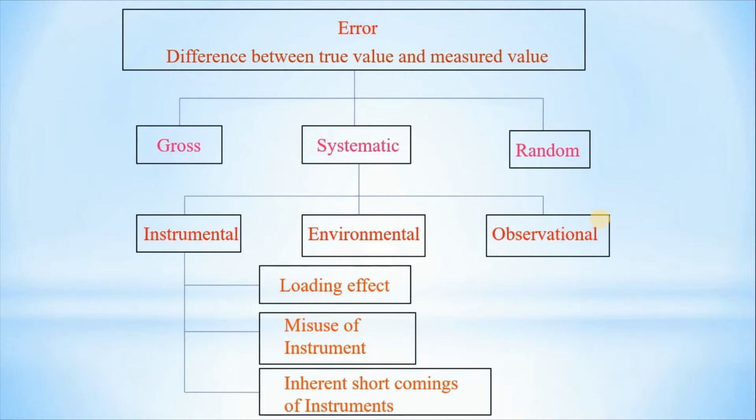So in a broad way, errors are classified into three types: gross, systematic and random. Systematic error is again classified into three types: instrumental, environmental and observational error. And the instrumental error we get due to the loading effect of an instrument, misuse of an instrument, and inherent shortcomings of the instrument.